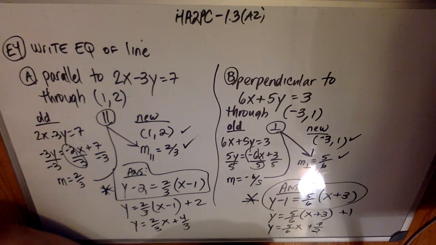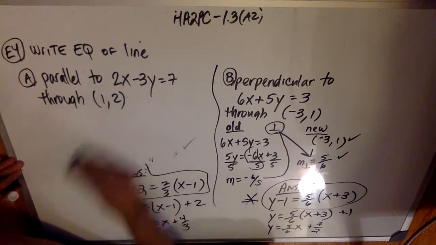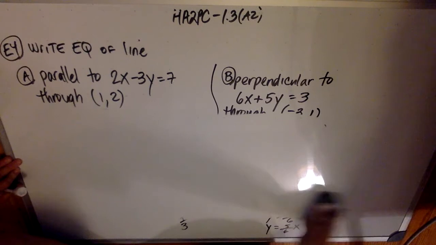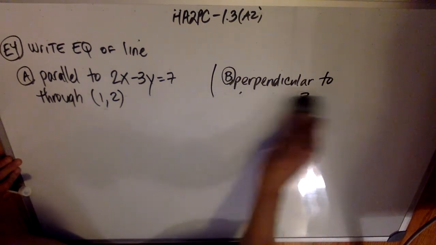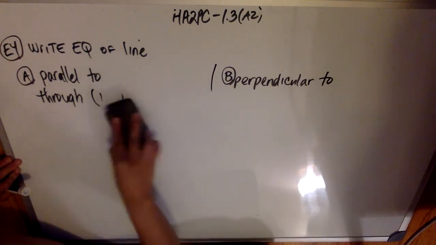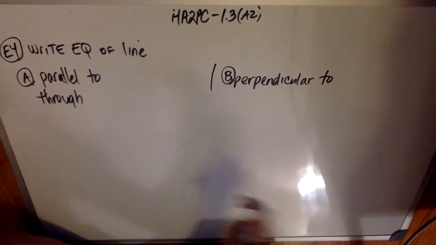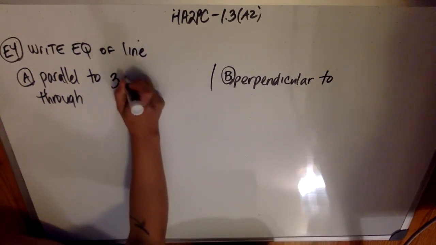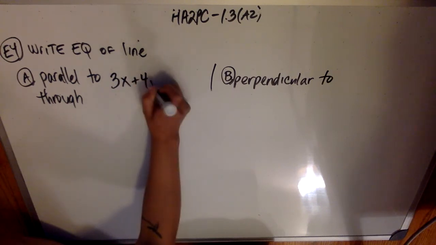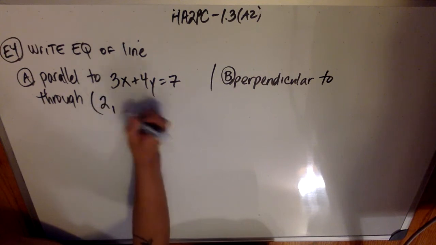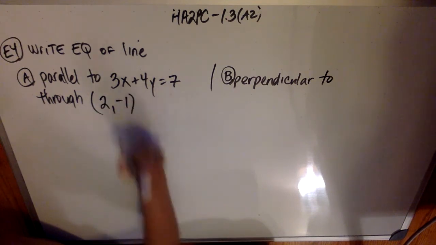Now we're going to do a P4. Basically, I'm just going to erase the work I did and change the equations, right? So let's erase the work. Oh, I didn't mean to erase the word through, but that's okay. All right, so perpendicular to, parallel to. Okay, so we're going to say that this is parallel to 3x plus 4y equals 7, through the point 2 comma negative 1.